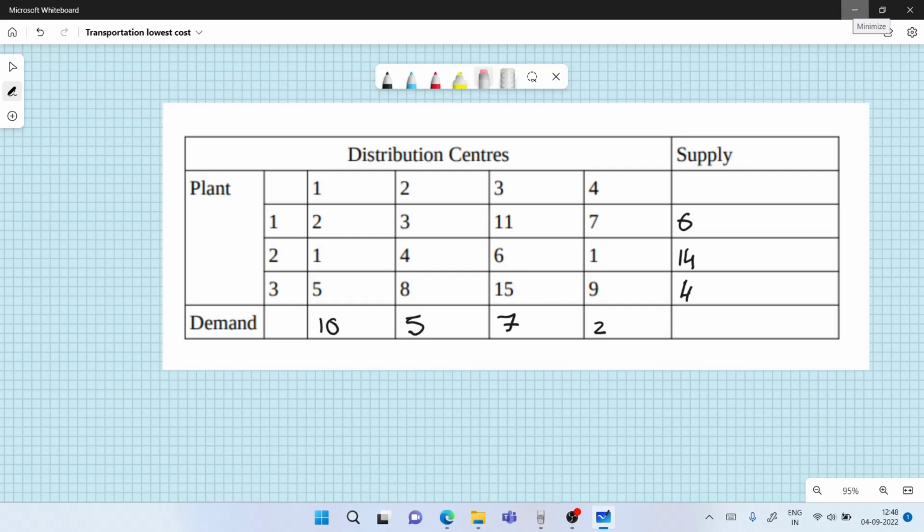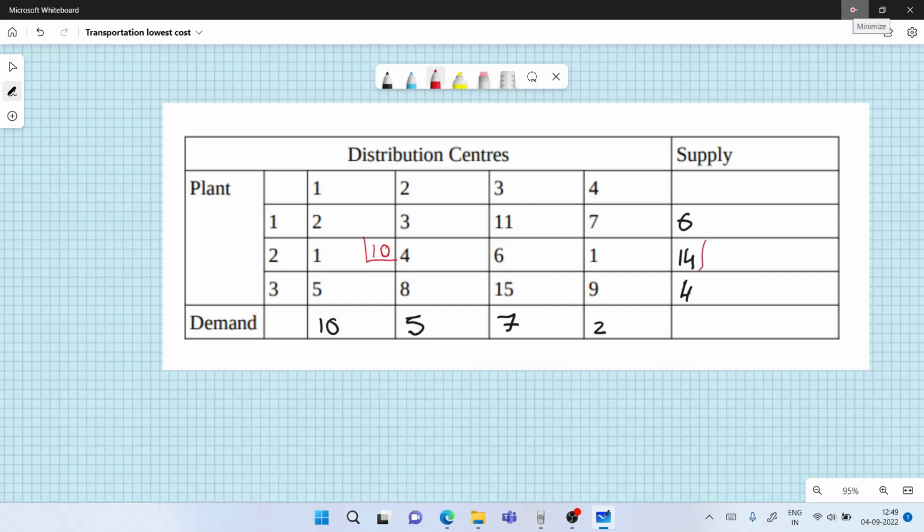Now here, the maximum demand is in cell 2(1), that is, supply from plant 2 to distribution center number 1, and that is 10. So what we do is we allocate 10 million liters to cell 2(1), that is to distribution center number 1.